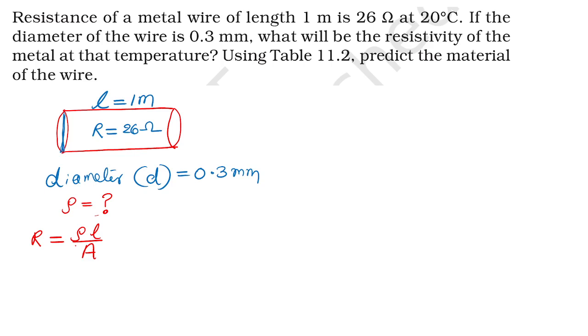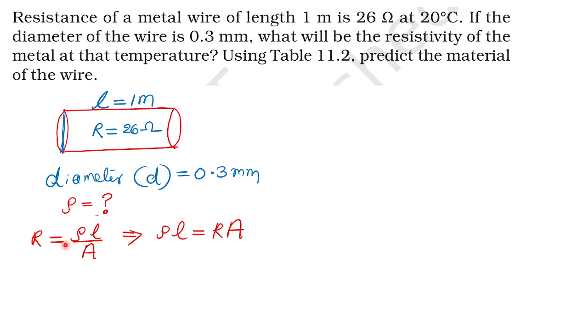I want rho, so don't substitute right now. You just do the arrangement. Do the cross multiplication: rho L equals R into A. What I have done is just the cross multiplication.